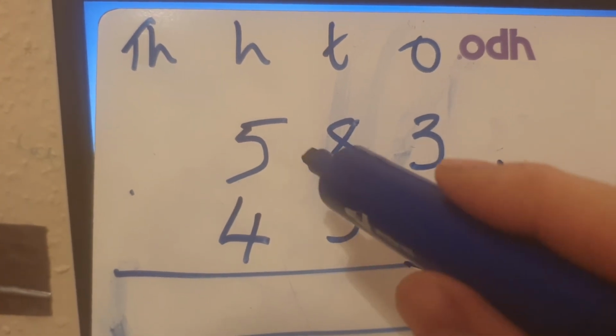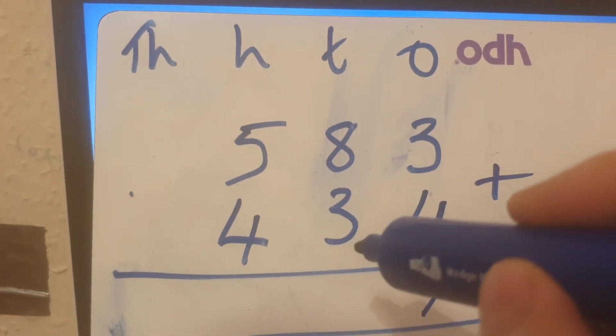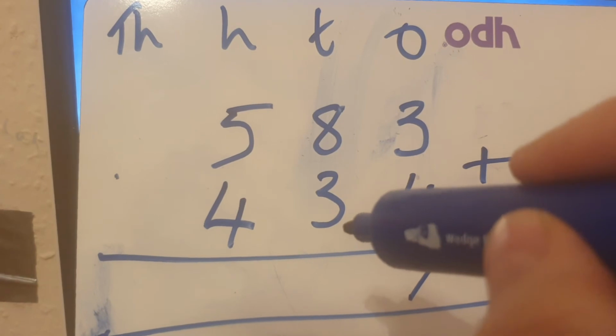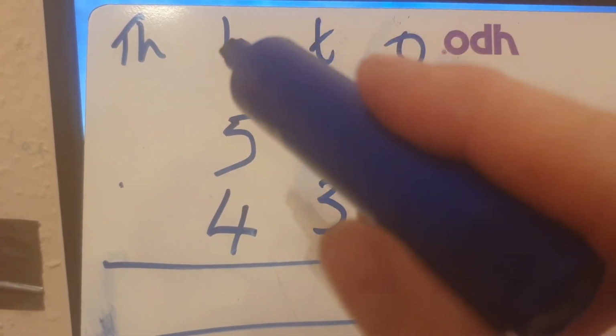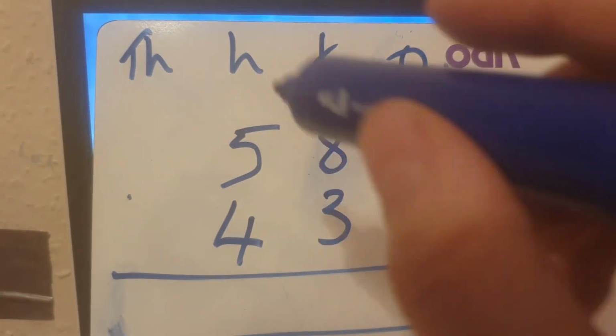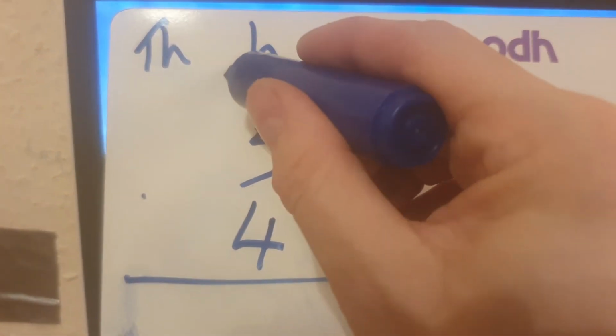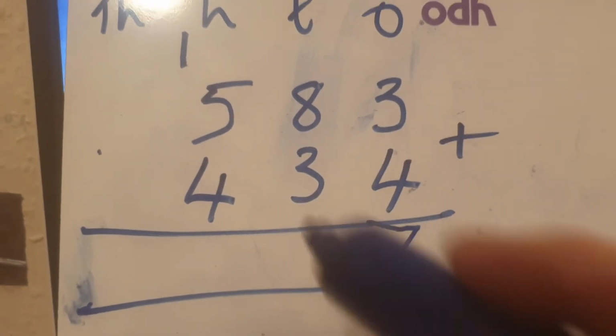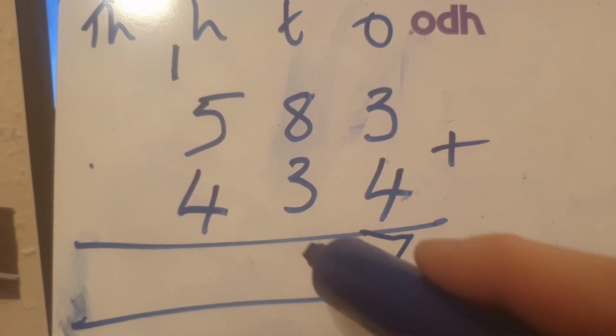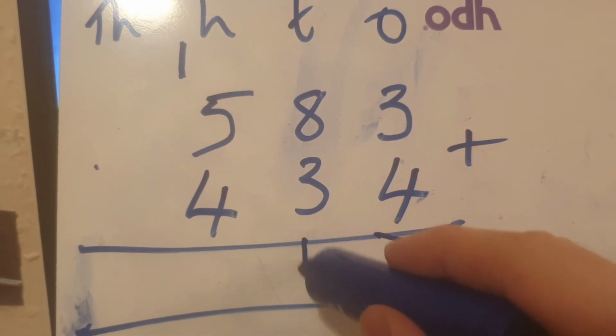So now, like we did before, we need to write 11. So it's 11 tens. Or we can say it's 100 and 10. So I'm going to carry my 1 over.